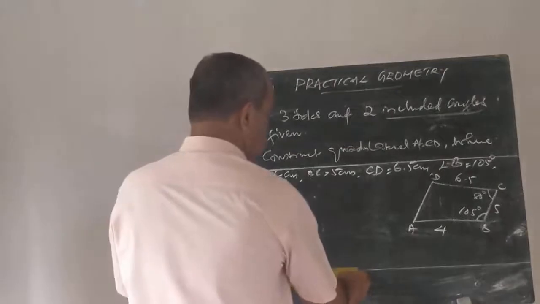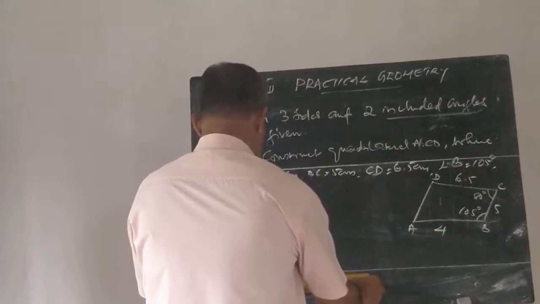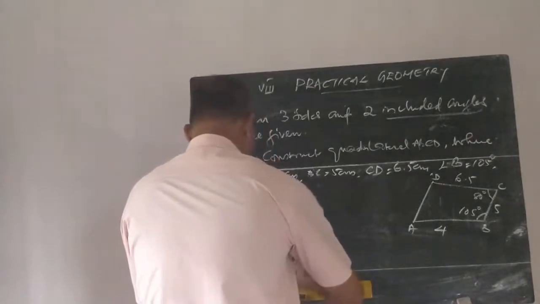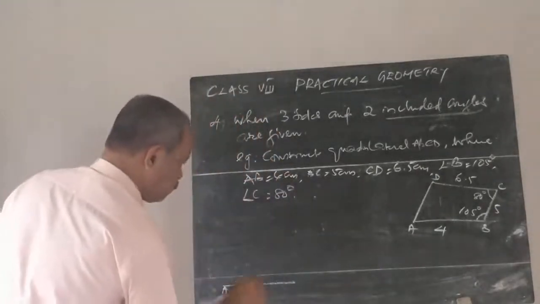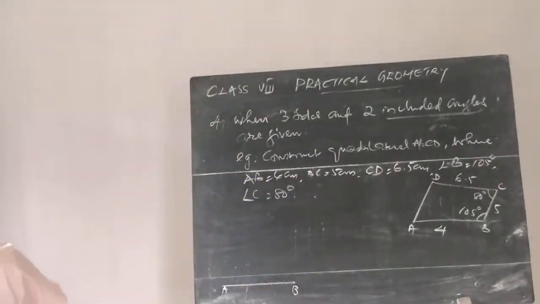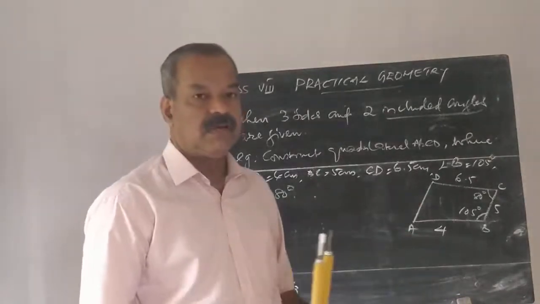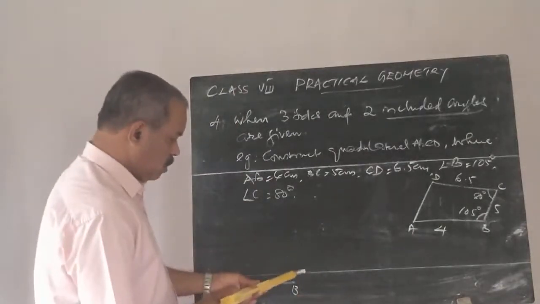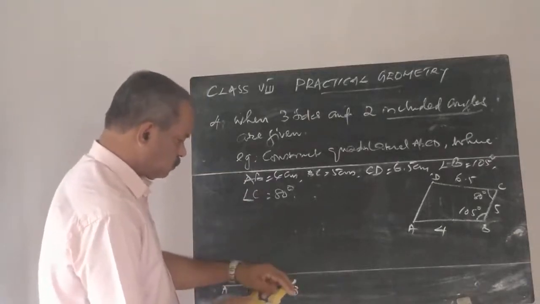Draw AB 4 centimeter. Then angle B 105 degrees. How can we draw 105? 90 plus 15. So first 90, then plus 15.